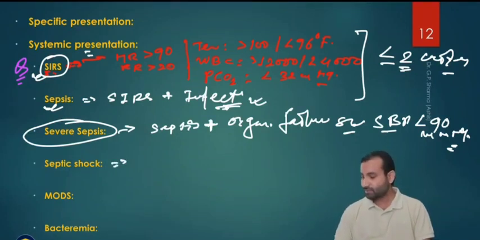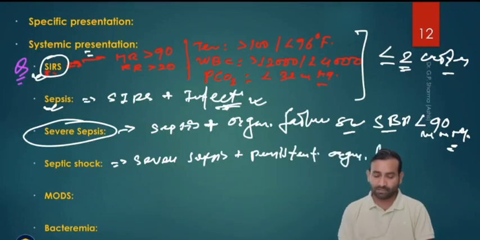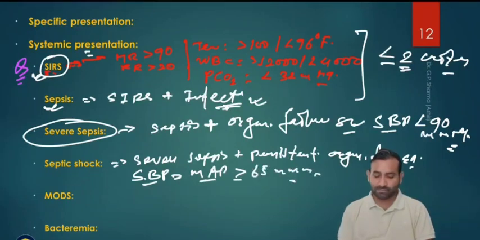Then we'll go to septic shock. To say septic shock, there should be severe sepsis plus persistent organ failure. For example, to maintain the systolic blood pressure, or we can say mean arterial pressure, more than 65 mmHg, we use vasopressor support.